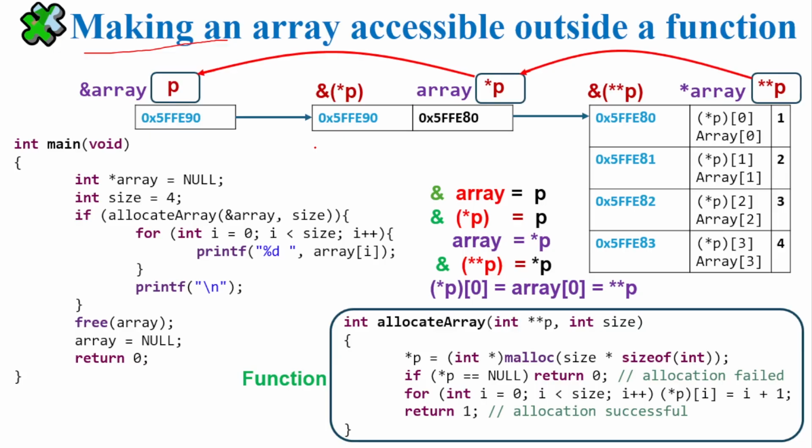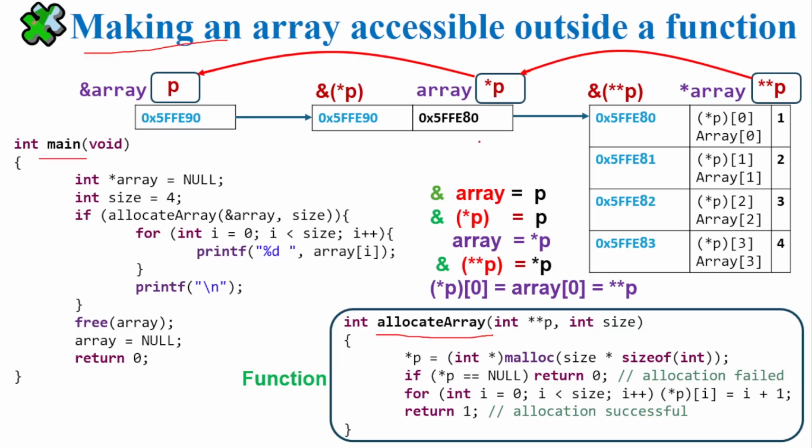In this slide, we have a C program consisting of two parts, the main function and the allocate array function. To make the behavior clear, a memory diagram is drawn showing how a dynamic array allocated inside allocate array function can be accessed outside the function.